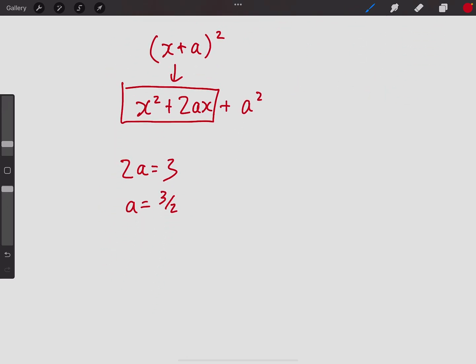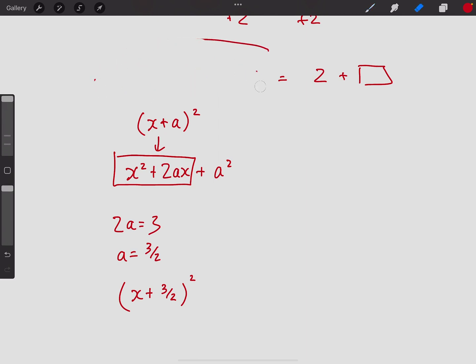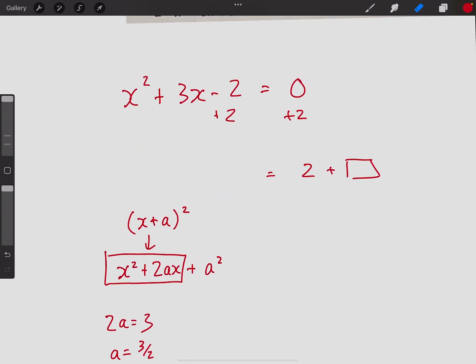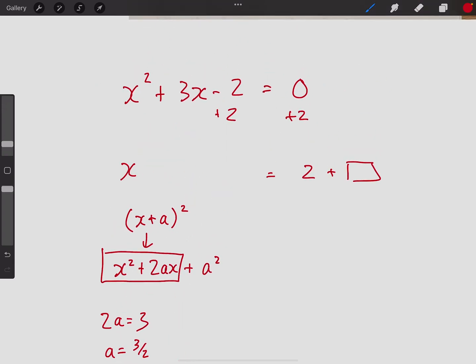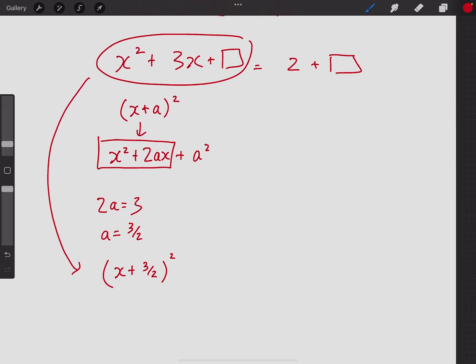Alright, so therefore we can say x plus 3 on 2 squared. We're going to factorize this. We have x squared plus 3x. Once we add a little number to it, we're going to factorize it into this. Now the question is, what is this number here, this box?